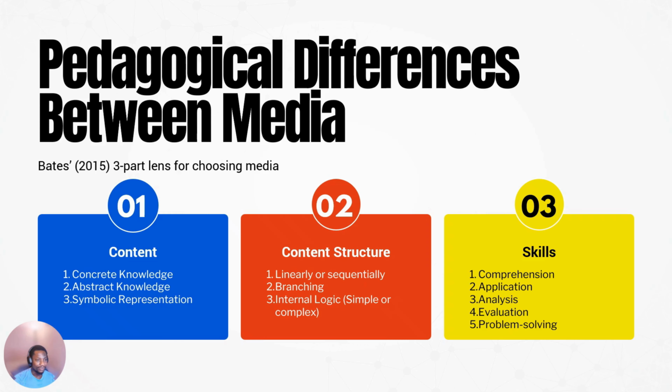It can be in a form of symbols, it can be in a form of animations, and Bates happens to provide an analogy or an example of how different representation of content can lead to different understanding. So for example, let's talk about temperature or heat. Heat can be derived from touch.